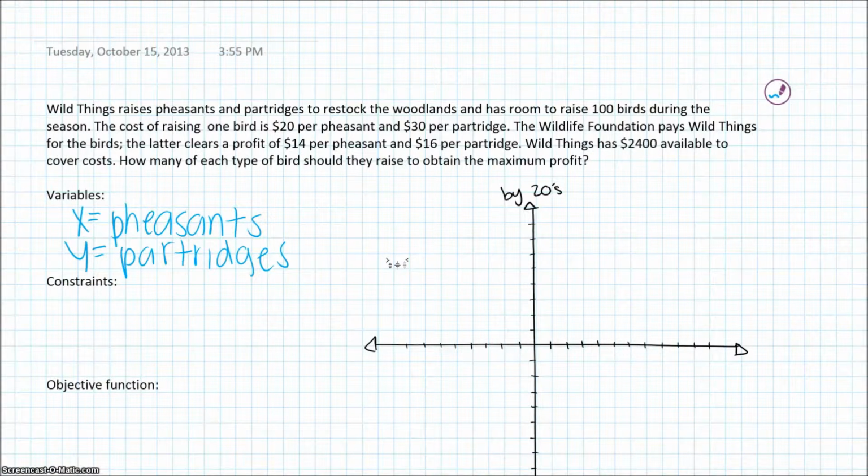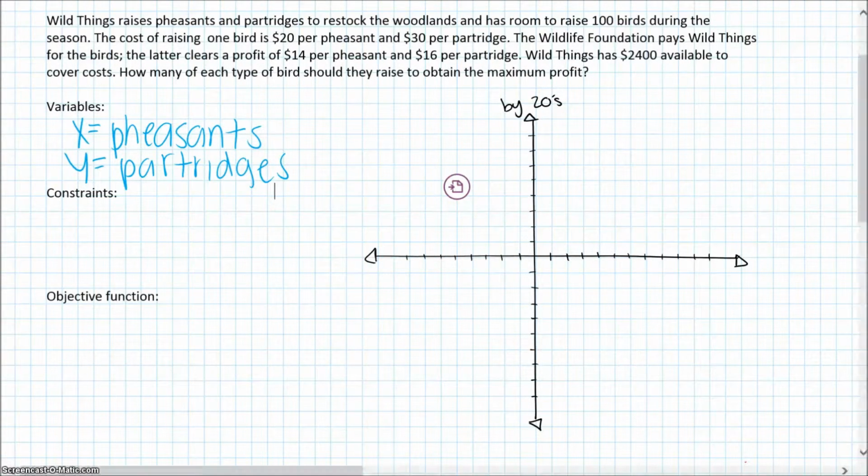And then we have to find the constraints. So x is greater than or equal to 0, and y is greater than or equal to 0, because you can't have a negative amount.